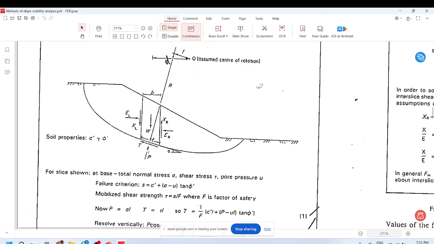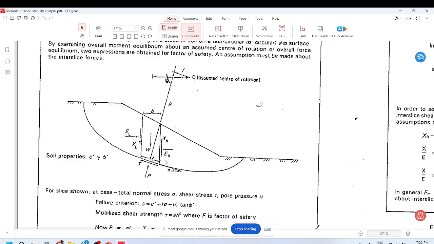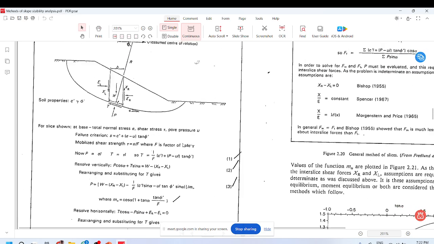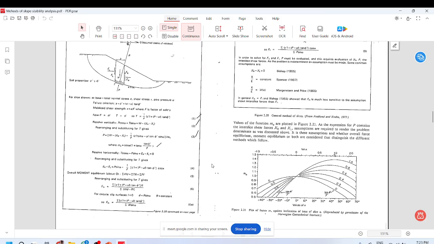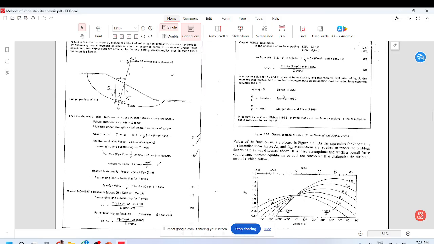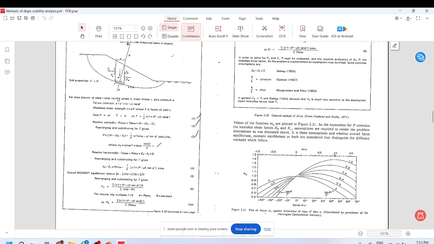P is a resultant of the forces, say T and W. So generally we make this free body diagram, and in order to solve, you make these calculations for force equilibrium.